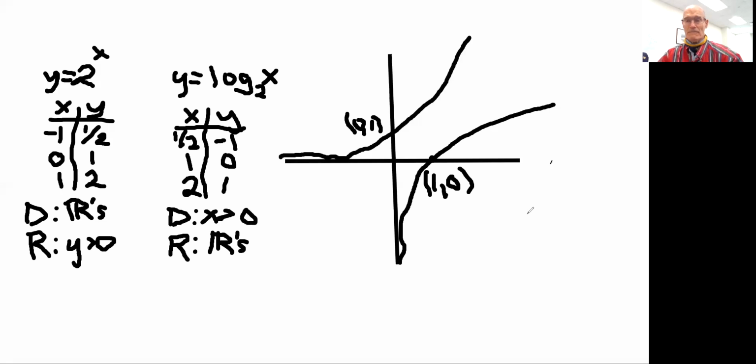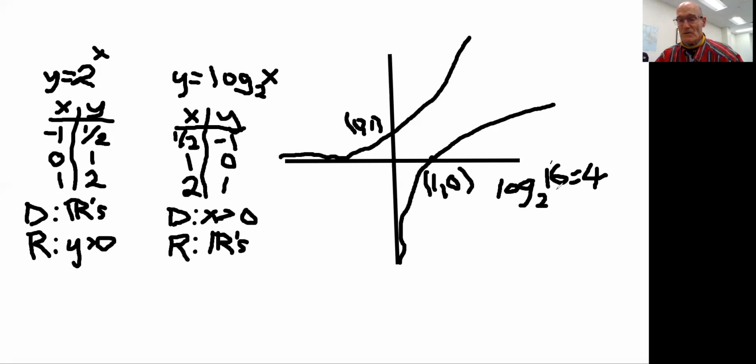Now you have a couple of situations when you're looking at logarithmic functions. Basically, a log is an exponent. So if I have, for instance, log base 2 of 16, I'm asking myself the question, what power do I raise 2 to get 16, and the answer is 4.